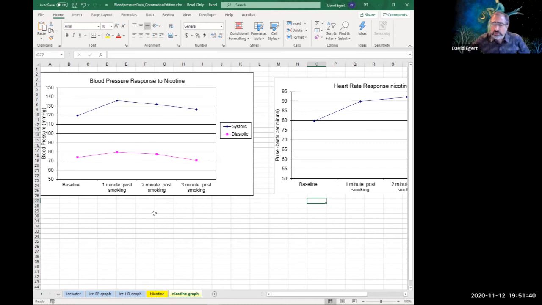You know, there's a lot more to nicotine than these acute effects. A lot of the connections between smoking and cardiovascular disease aren't directly related to what you're seeing here. It's kind of more like when I was talking about the relationship between diet and atherosclerotic plaques.